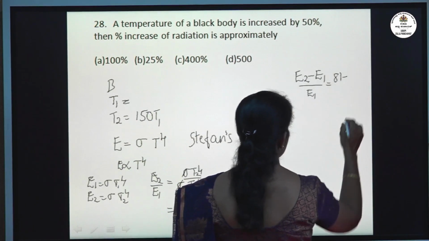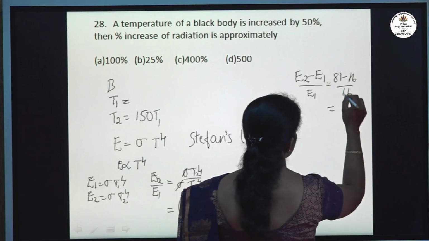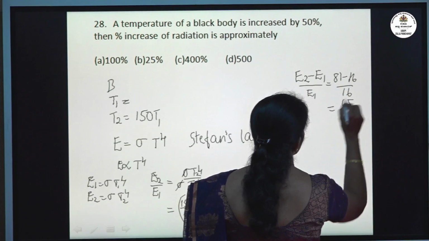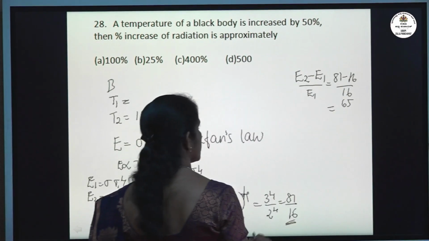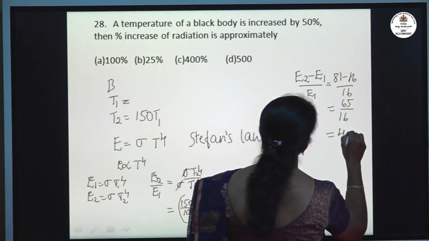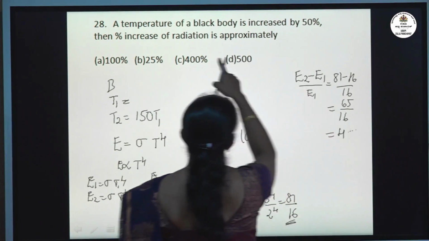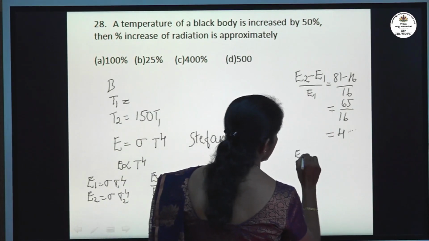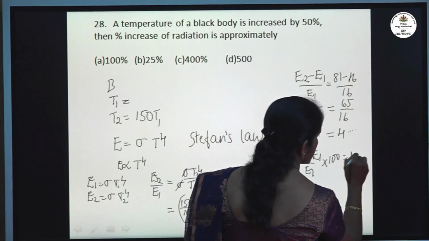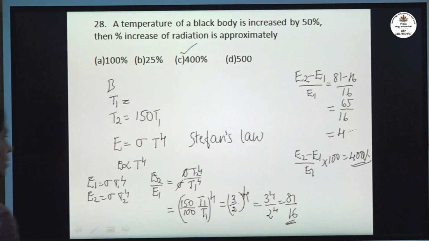So it is (81 divided by 16 minus 1), that is 81 minus 16 divided by 16. Calculating this, we get nearly 4 point something. Percentage increase is E2 minus E1 divided by E1 into 100, that is roughly 400. Percentage increase of radiation is 400%.